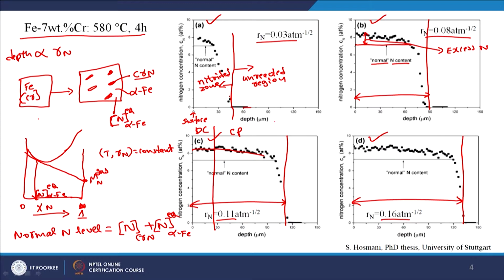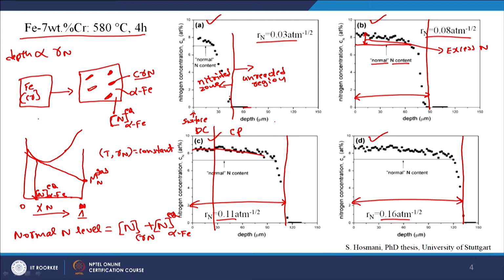So, why does this excess nitrogen come? That I will now explain. What can we think of as the reasons for this excess nitrogen? One reason is that when you form these very fine chromium nitride precipitates in the ferrite matrix, you have an interface between the ferrite matrix and the nitride particle.